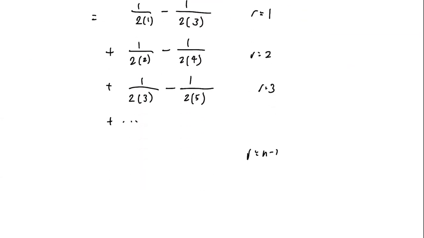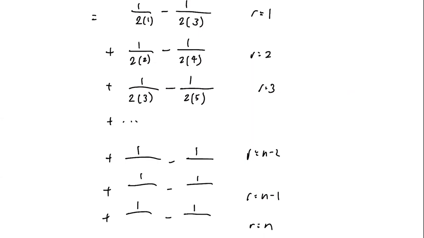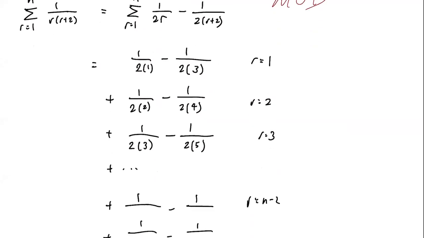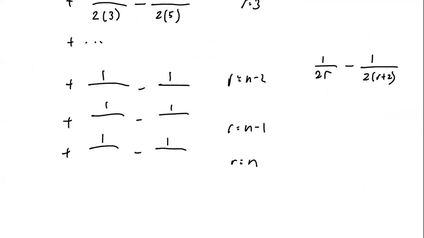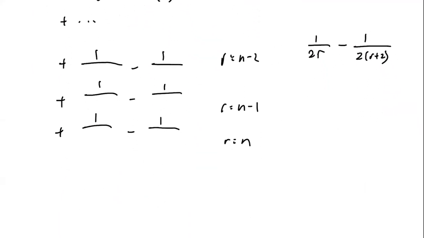r equals n minus 2, r equals n minus 1, r equals n. So what we get? Plus, plus, plus, 1 over, 1 over, 1 over, minus, minus, minus, 1 over, 1 over, 1 over. You can fill in the blank. So remember the formula, it was 2r. Okay, let me just copy it down. It's 2r on the left, so 2 times n minus 2.